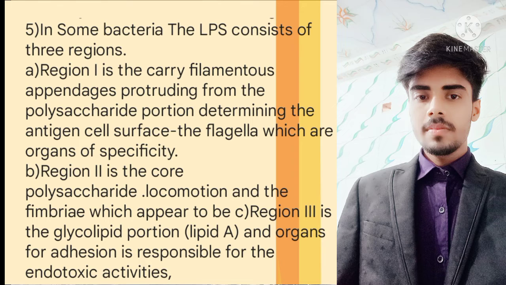The flagella are the organ of locomotion. The second region is the core polysaccharide, which helps in adhesion. The third region is the glycolipid portion, which is responsible for the endotoxic activity. These are the three regions of lipopolysaccharide, present in some bacteria, not in all bacteria.